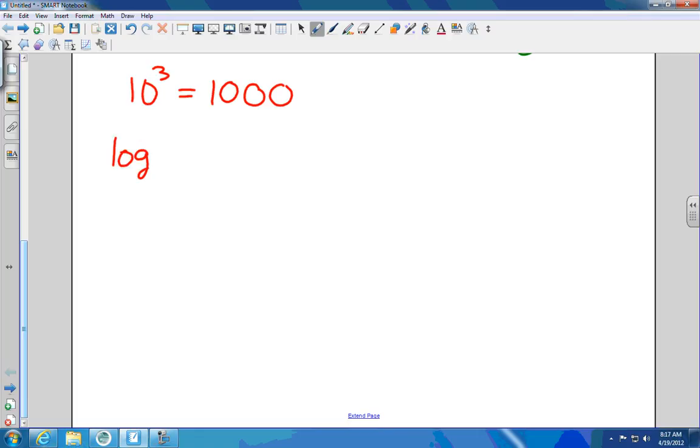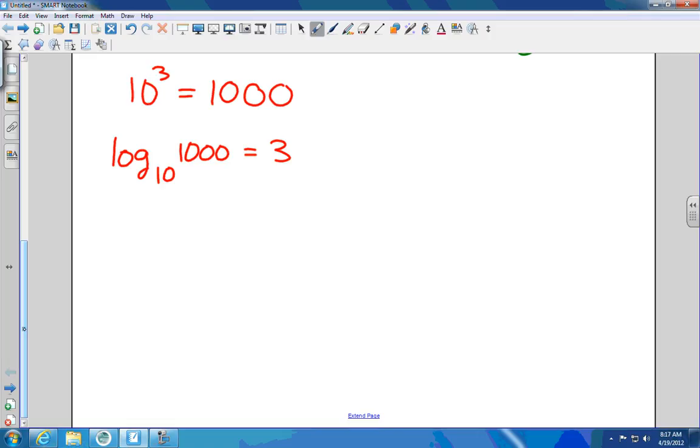So log, and what's your base? 10 still. Log base 10 of what? 1,000 equals 3. So again, these first problems are not really any solving, you're just writing it a different way. Log base 10 of 1,000 equals 3.